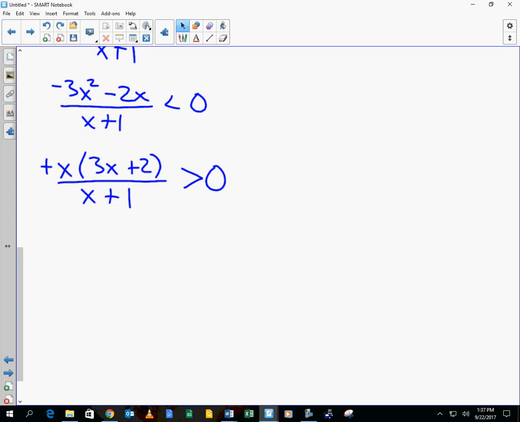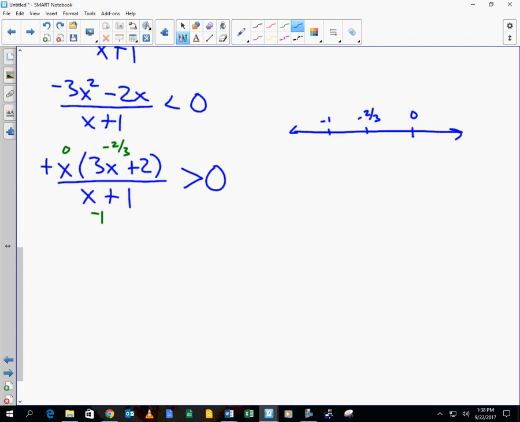What are my zeros? How many columns? How many rows?